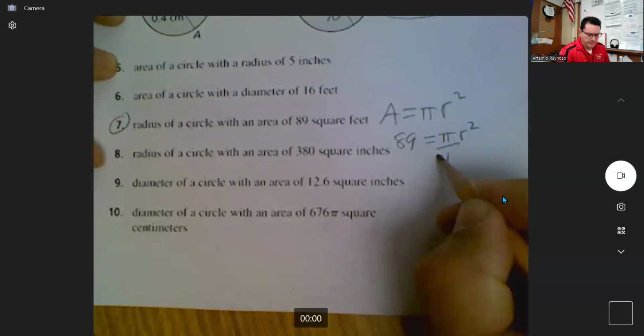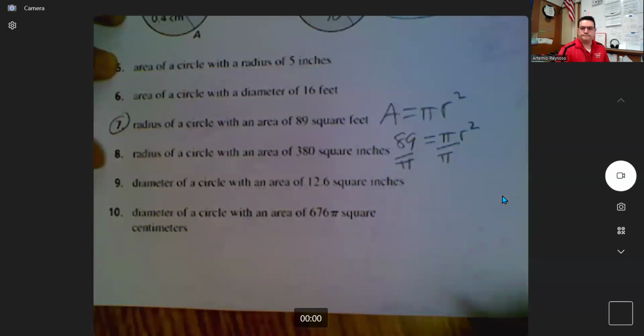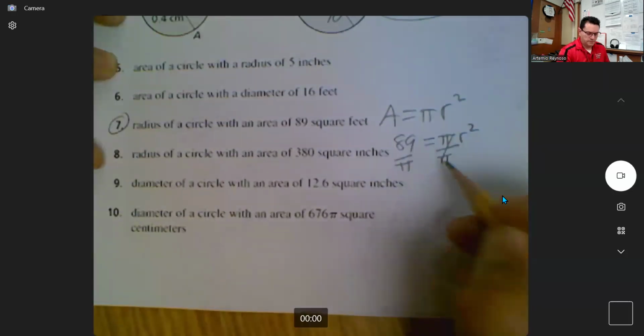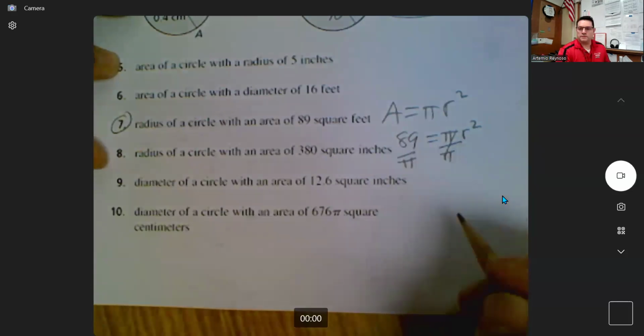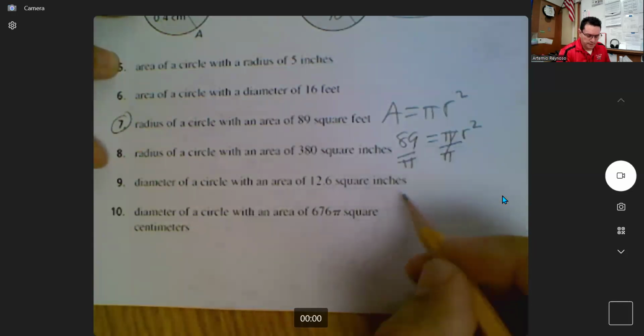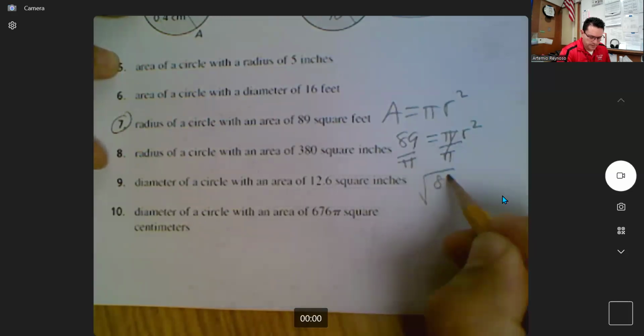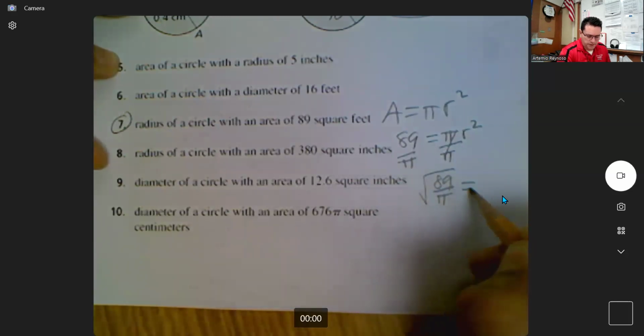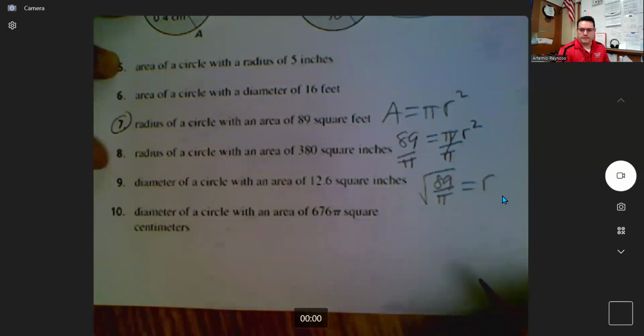I will divide by pi, cancel. To cancel exponent 2, we need the square root. We typically use plus or minus square root, but since radius is distance, we only get the positive. 89 over pi on the other side, and r is isolated.